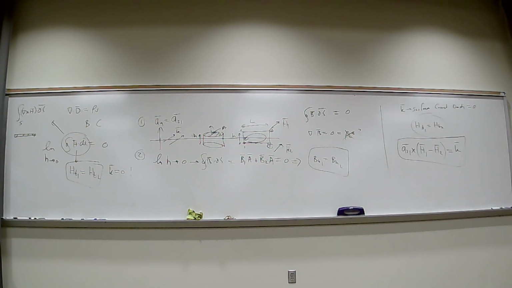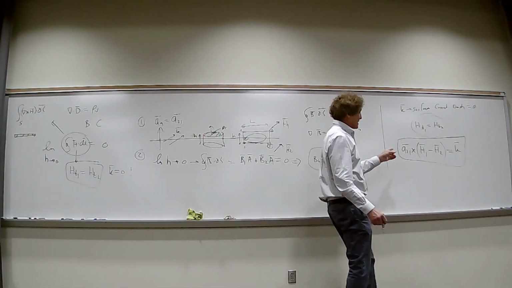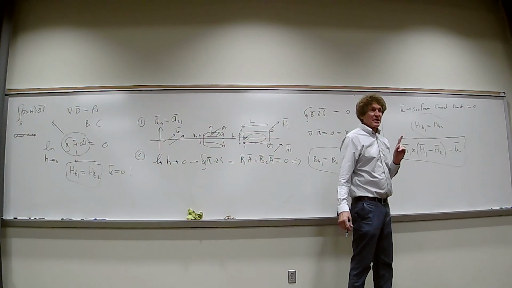He just states the expression. He doesn't prove it. It comes from this: in the limit as the height h goes to 0 and you let L be 1, that curl equation becomes this. That's all it is.